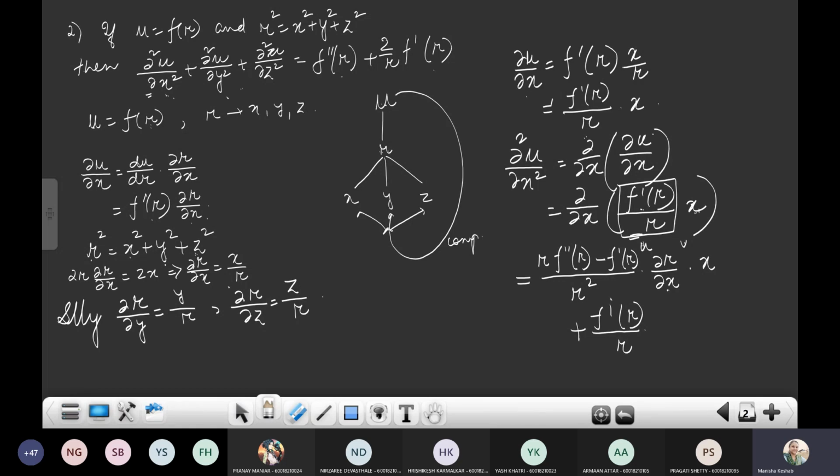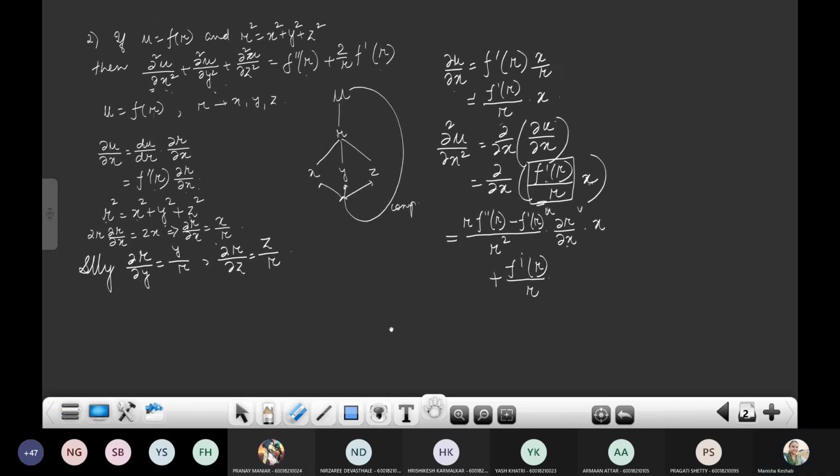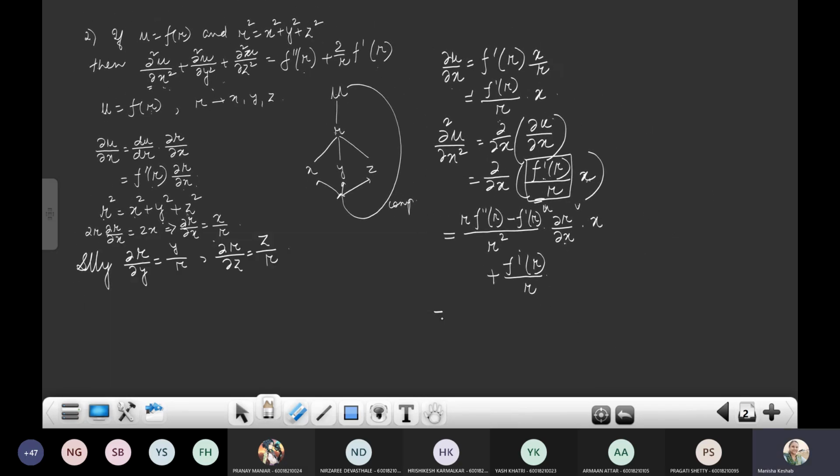Now del r del x, again I can substitute with x by r. So then what I will get is r into f double dash of r minus f dash of r, or if you want you can also simplify this and write it as f double dash of r by r minus f dash of r by r square. Okay, this is in bracket.